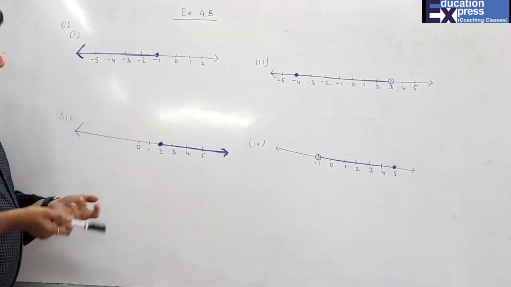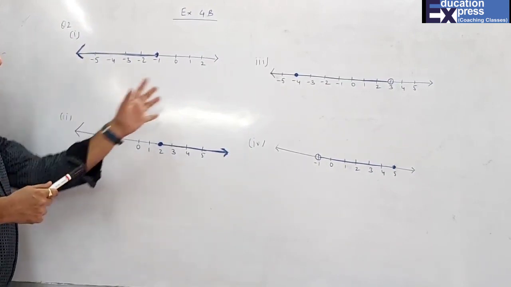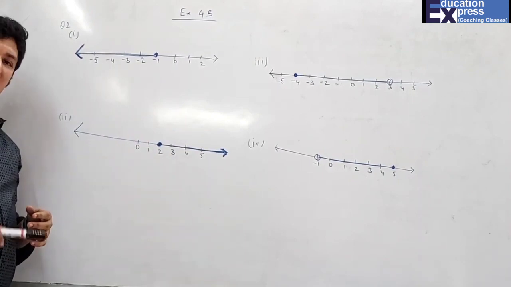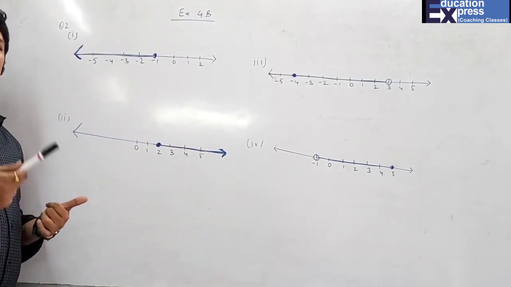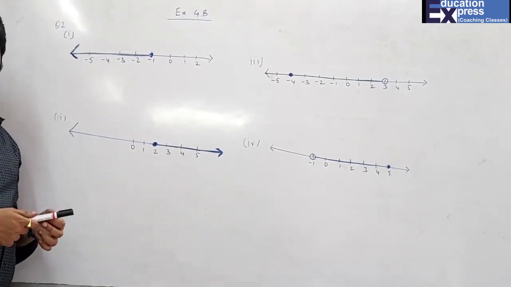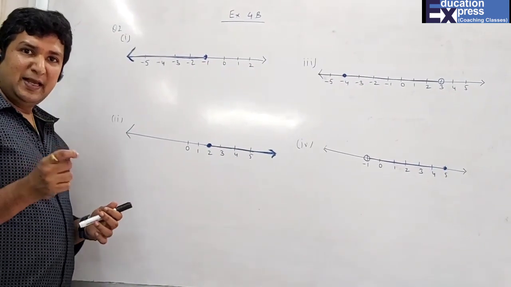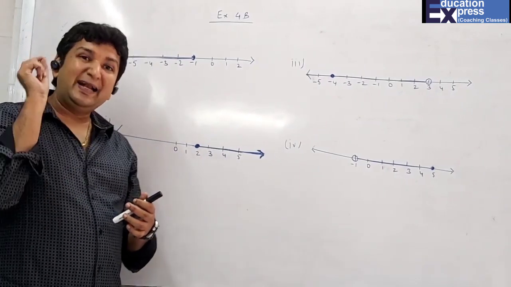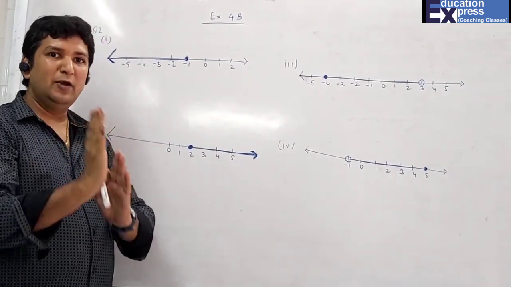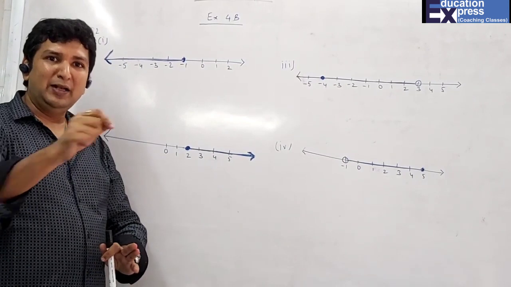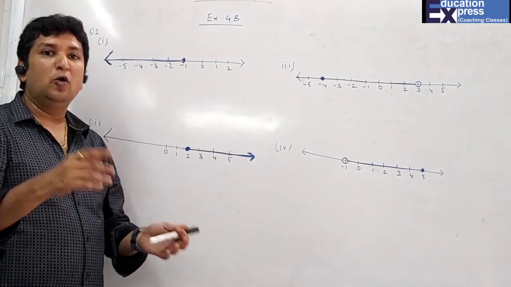Looking at the question, can you please tell me whether there is any number line over here which is representing natural numbers, whole numbers or integers? What's the requirement for natural number, whole number, integer? It should be only that number, only 0, only 1, only 2. In between numbers you cannot take as natural, whole or integer.